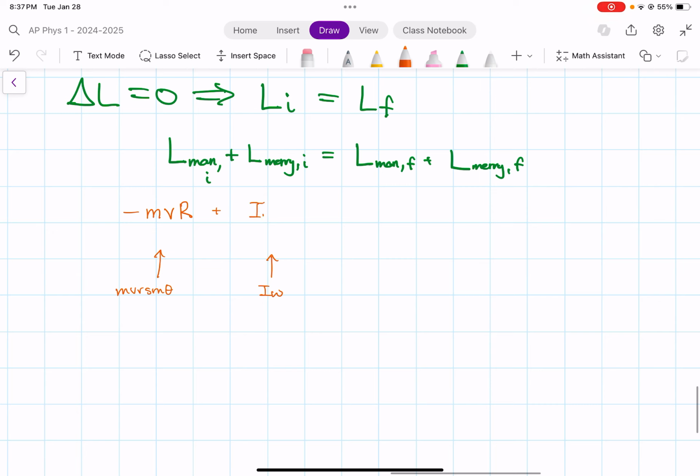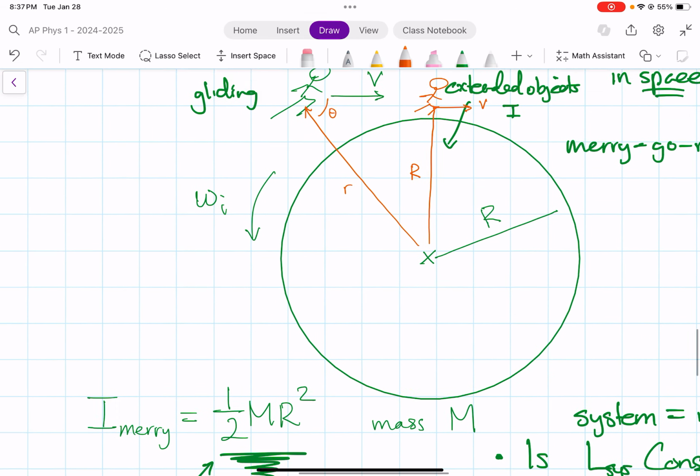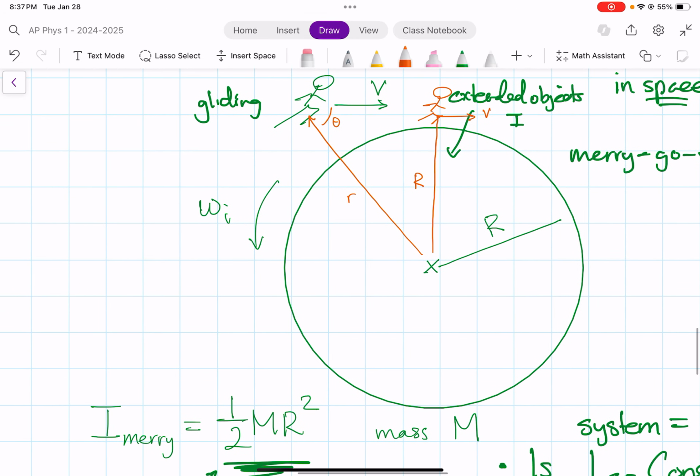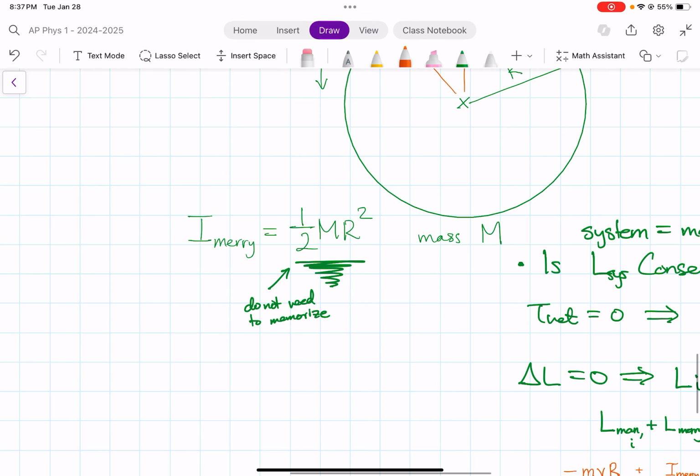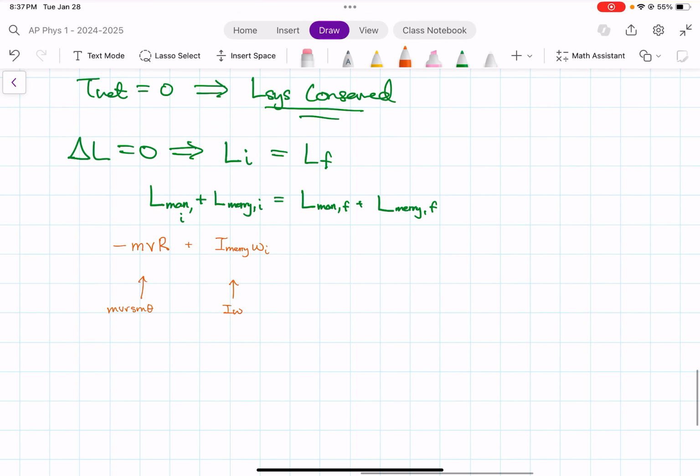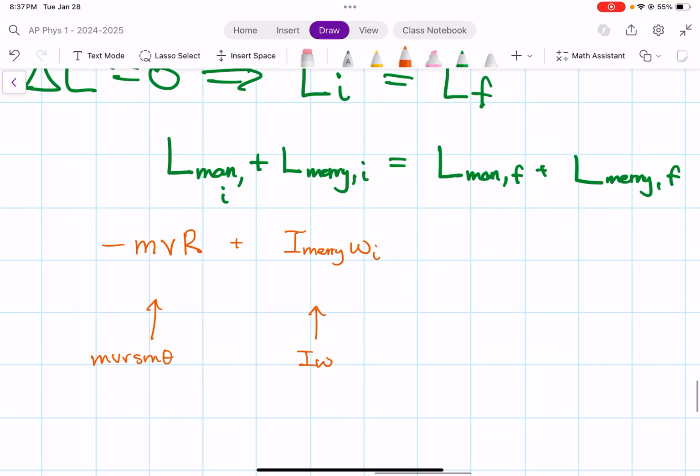We could put I merry times omega initial, right? That's what it was termed as. And luckily enough for us, we have this nice little formula for I of the merry-go-round. Let's go ahead and put that in here. Right, so I'm actually going to erase this. One half capital M capital R squared.